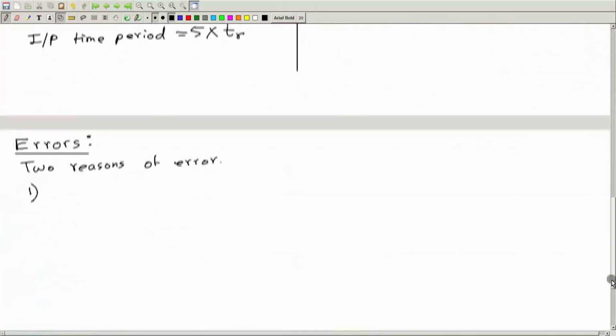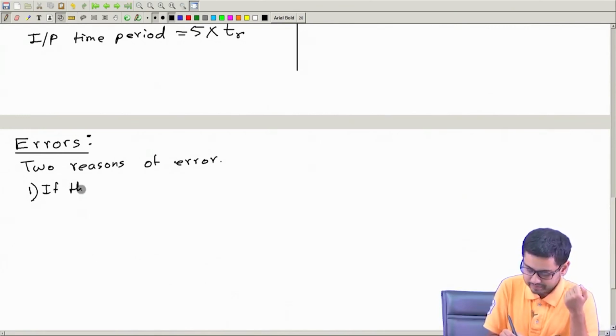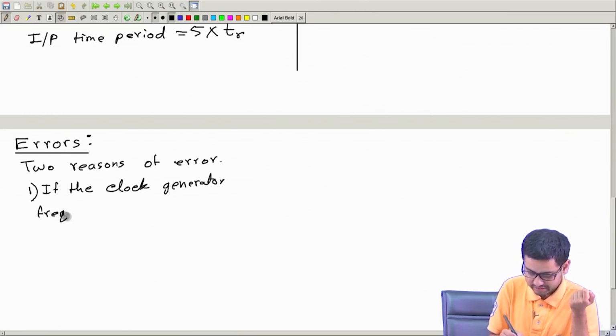Okay. So, if the crystal oscillator or the clock generator, whatever you call it, frequency is erroneous, this could be one reason.